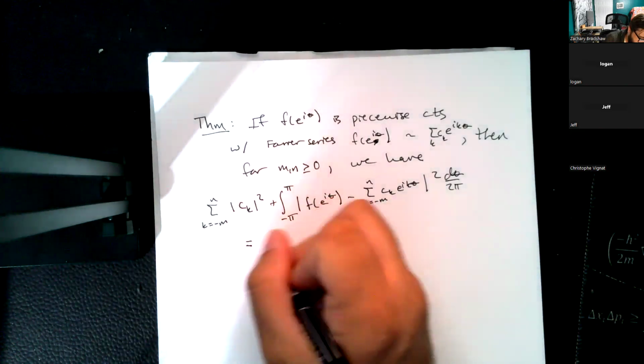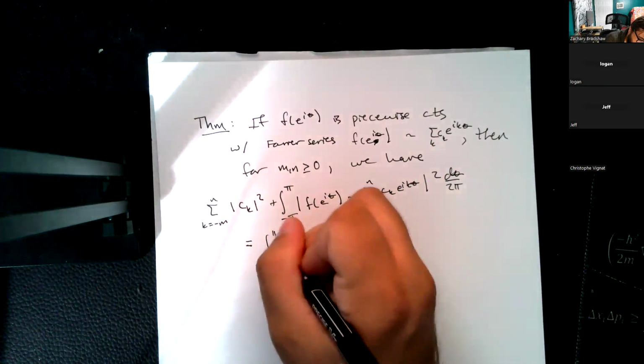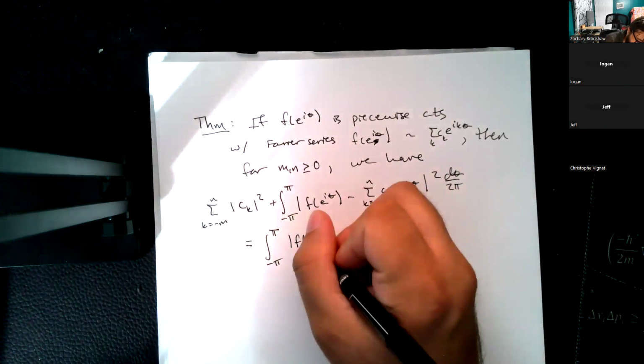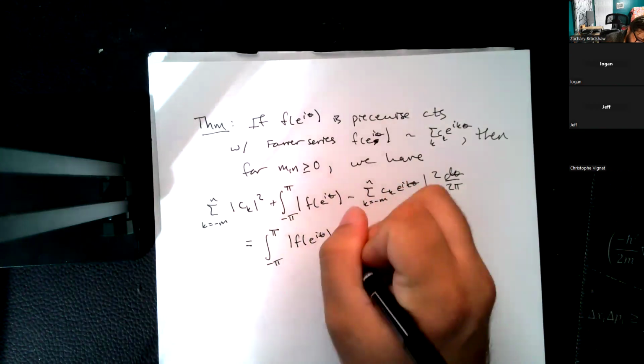This is equal to the integral from minus pi to pi of the modulus squared of f of e to the i theta.